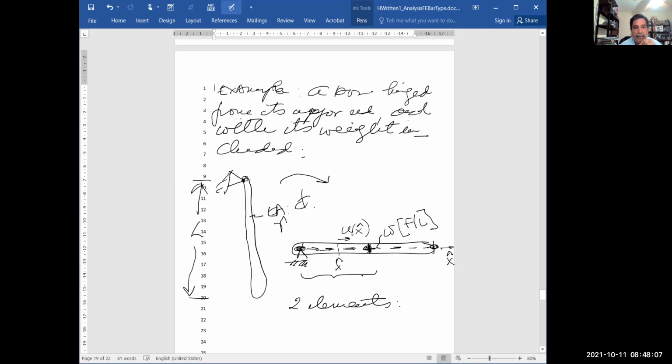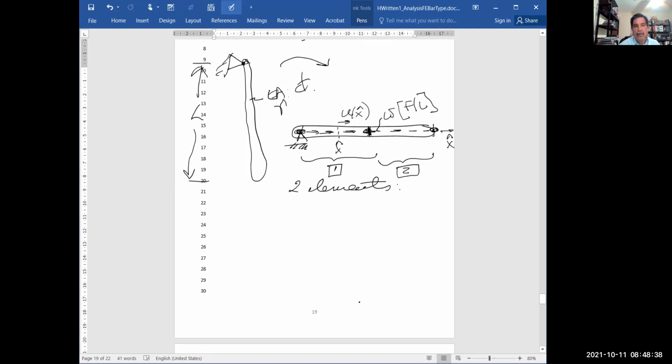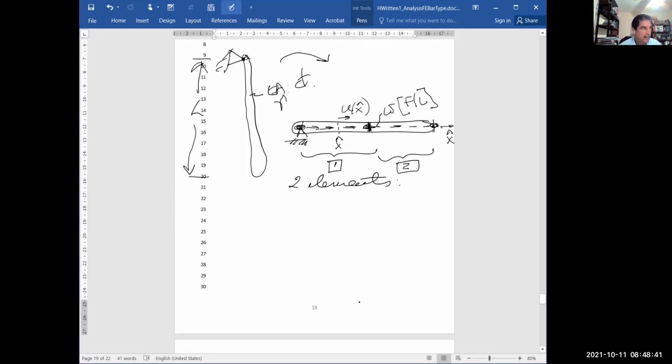So this is element 1, and this is element 2. Now what I'm going to do is consider, for this case, that the length of both is the same, and I'm going to call the length little l. Okay, it's different than this one, which is large L. So the length of each element is going to be little l. Okay, now let's go. So now we have two elements.